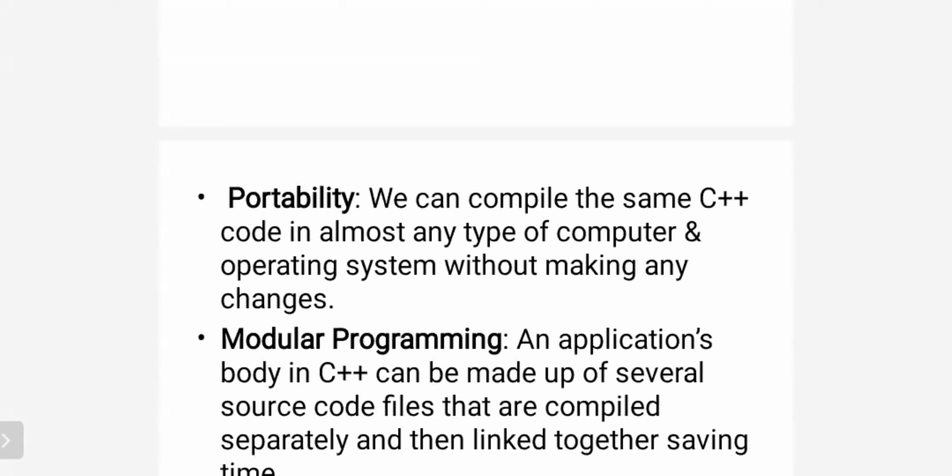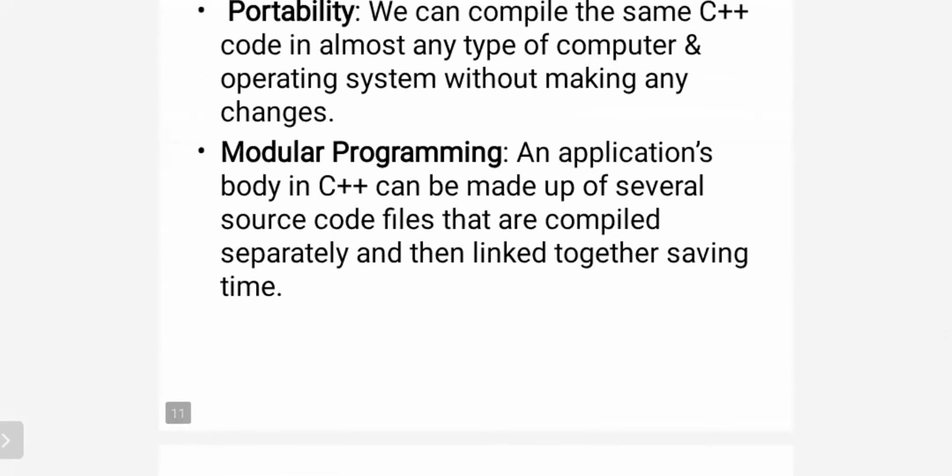So the same code implemented in C++ can be compiled on any computer or any operating system. So C++ has the portability characteristic. Next, modular programming. You know the meaning of module.